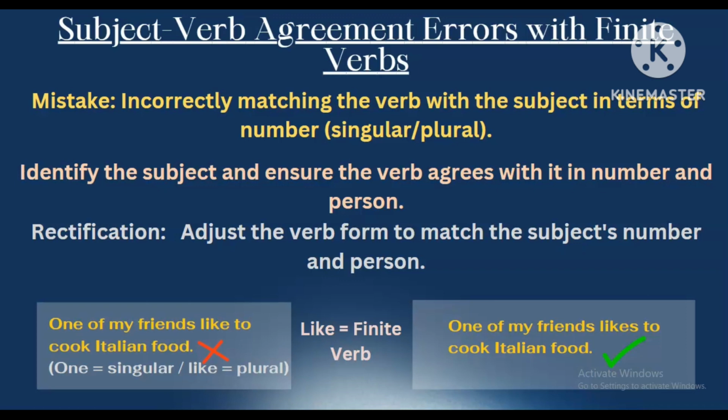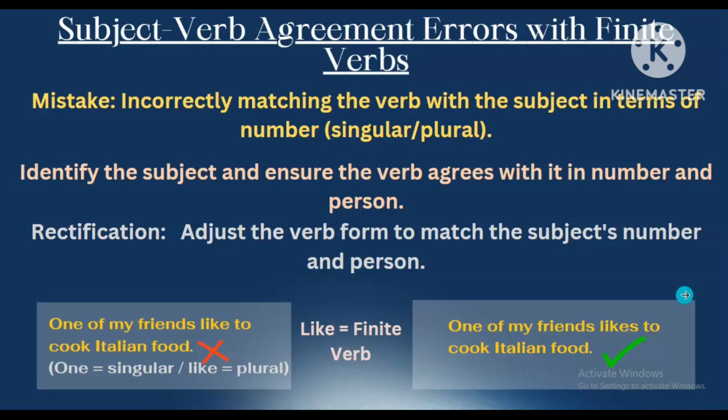Remember, singular verbs always end with s or es, except for irregular ones, while plural verbs do not have any s as a suffix. So, don't get confused between the singular and plural verbs and nouns. So, in order to ensure that there is no such mistake, always identify the subject and ensure the verb agrees with the number and person.